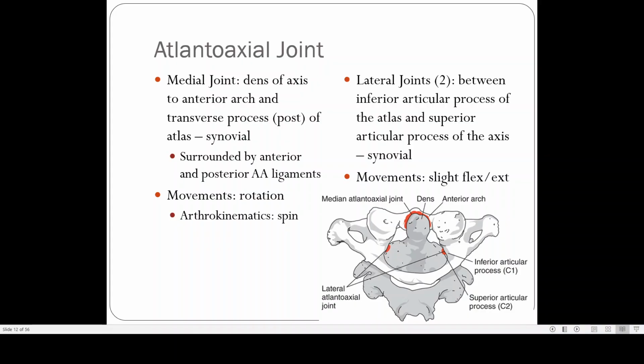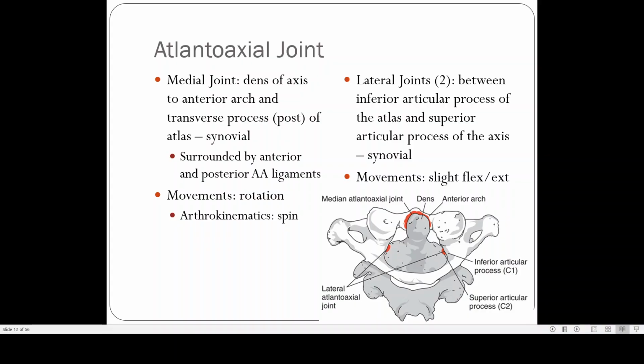And so our more medial joint is going to be the articulation between the dens or the odontoid process of C2 with the anterior arch of C1, again synovial. This joint is going to be surrounded by the anterior and posterior AA ligaments, which we'll talk about in a little bit, and that helps hold that dens in place. And that allows us to rotate around it. So we have spin occurring at that joint.